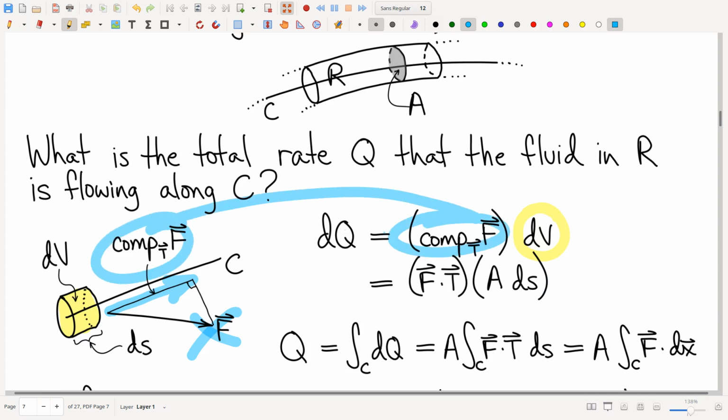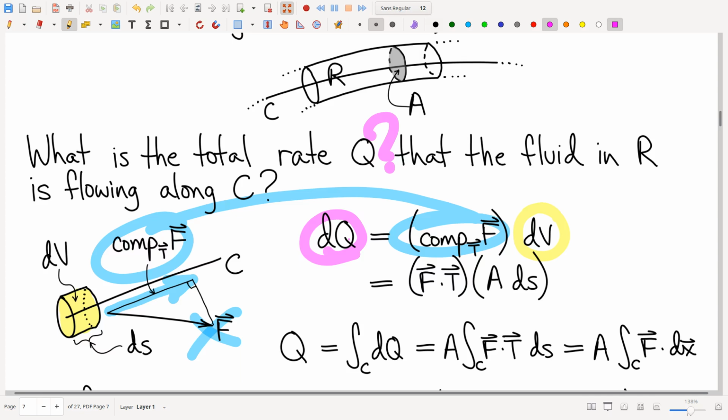That's a component. So this weird question that I'm asking is computed by this real simple formula. It's just looking at one little piece. I have a yellow volume, and I have a blue component of the velocity along the curve.